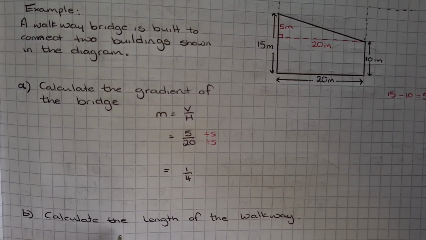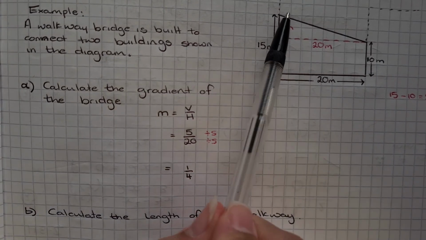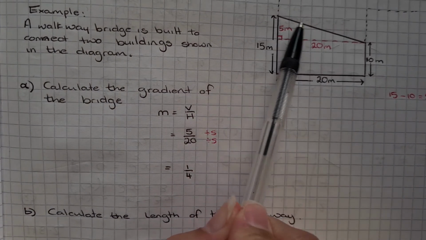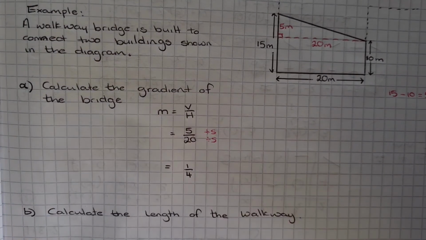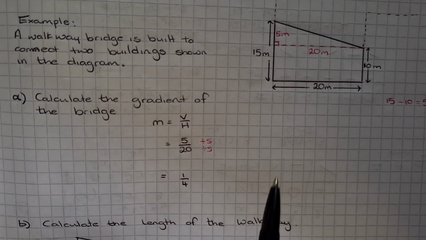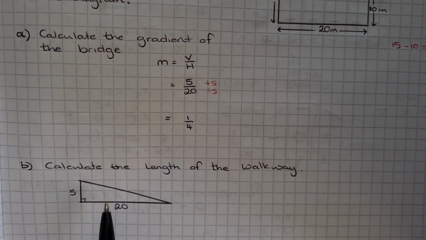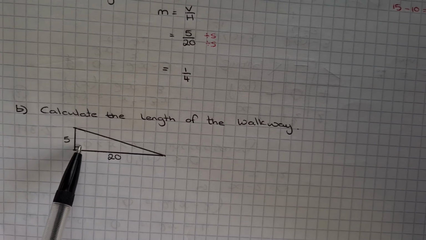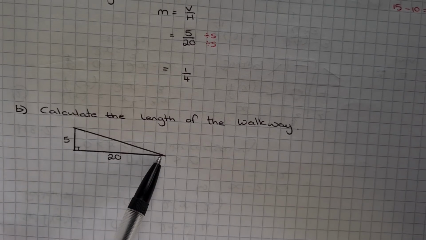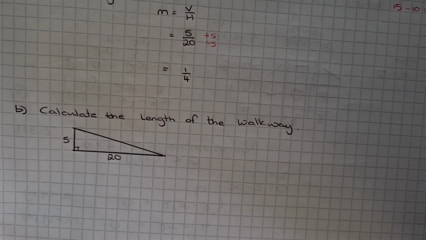Now part B says calculate the length of the walkway. So that means they're wanting us to calculate this sloping edge. So we do have a right angle triangle that I'll quickly draw out. I've just taken this bit and drawn it down here. And we are trying to find the side that's opposite the right angle, which is the hypotenuse, the longest side.